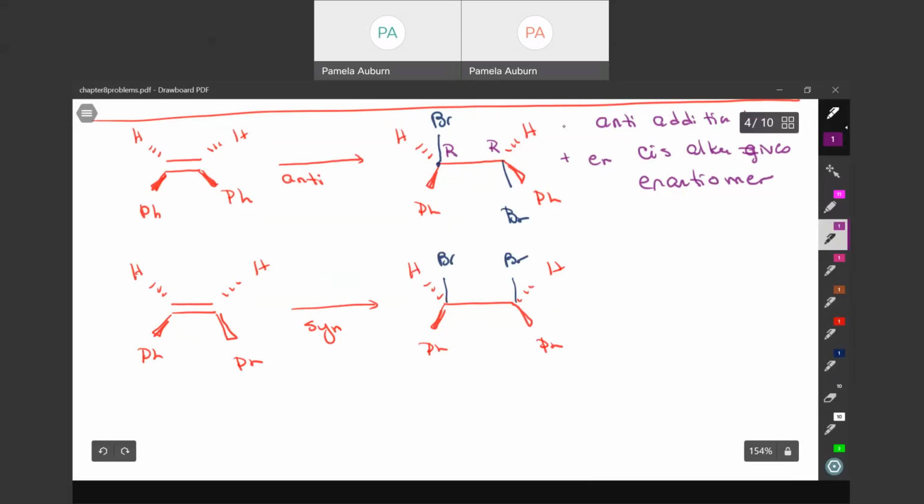So this is going to be R, and now this is S. So syn addition to the cis is going to give you the meso compound.